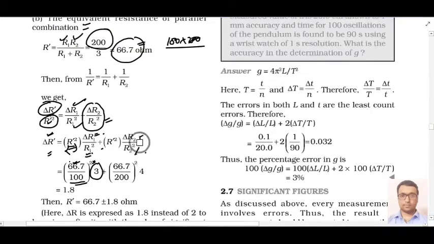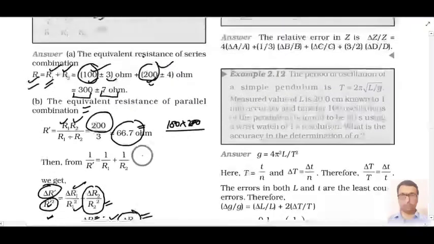Let me clear it. The first term you can see, that is R dash square. R dash, remember, is the equivalent resistance and its square is 66.7 whole square, divided by R2 square, meaning the original resistance squared. So it is 200 whole square, and this delta R2 means the error in the second resistor, that is 4% or 4 you can say absolute value.